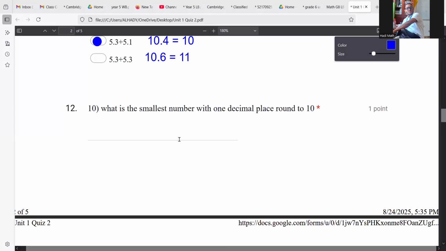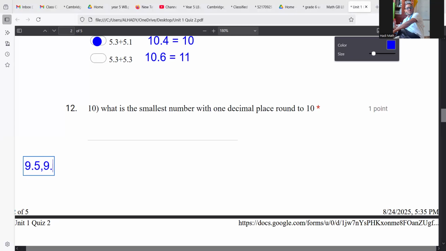They ask what is the smallest number with one decimal place that rounds to 10. So please be smart. We start from 9.5, because 9.4 rounds to 9 to the nearest whole.